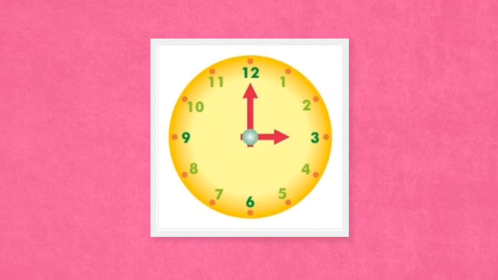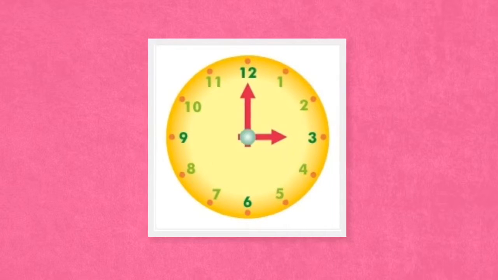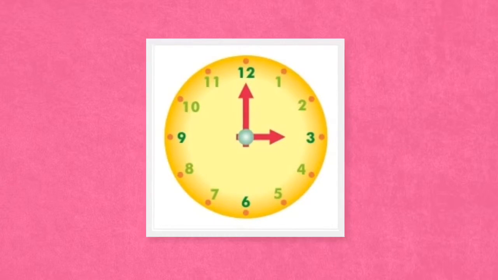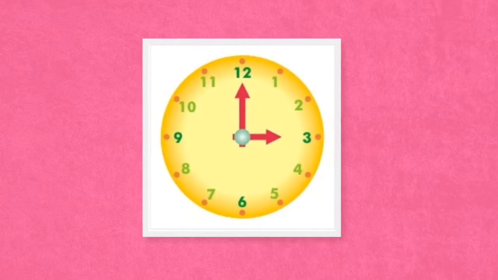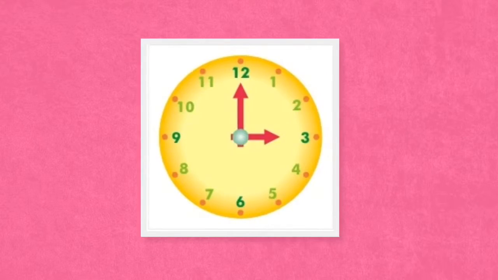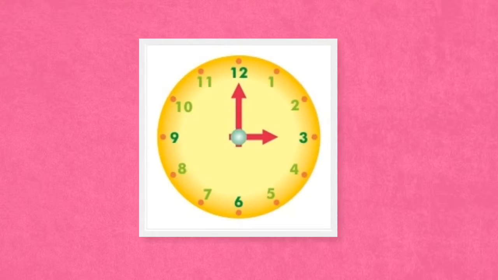The short hand marks the passing of hours, while the long hand counts off the minutes. When the short hand moves from 12 to 1, that means 1 hour has passed. When the long hand moves from one tick mark to the next, 1 minute has passed.